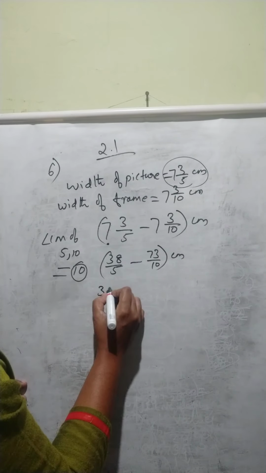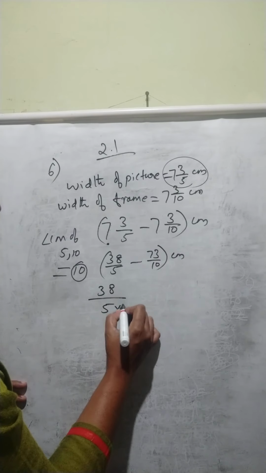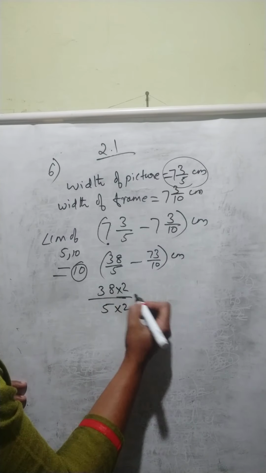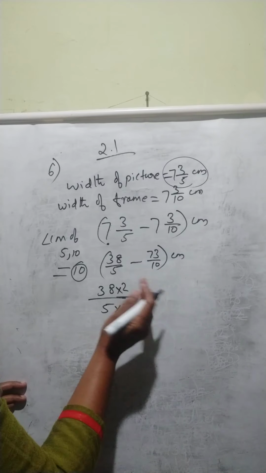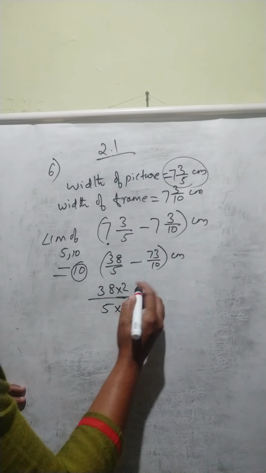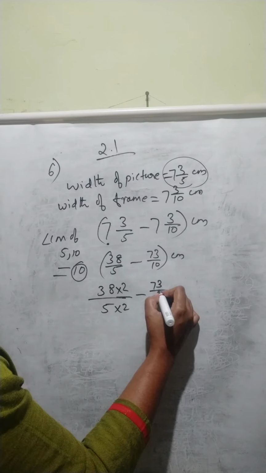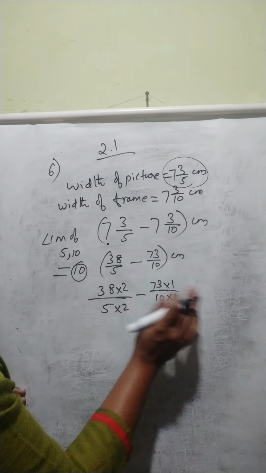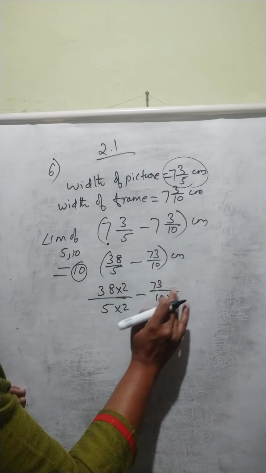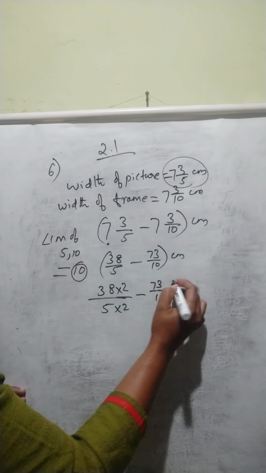So we can write 38/5 as 38 times 2 over 5 times 2, that is 10. Sorry, we have to multiply the numerator also by 2. Then 73/10, we don't actually need to multiply, but by 1 we will get the same answer. Whether you multiply or not, no problem, we get the same value.